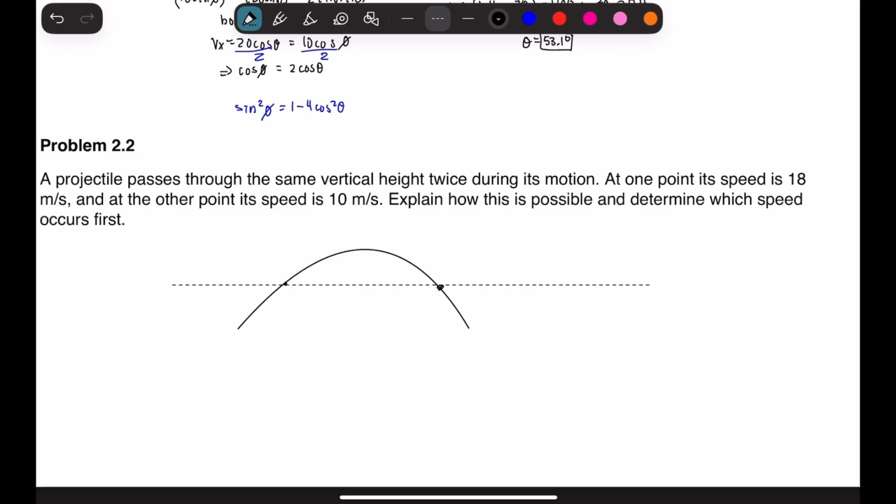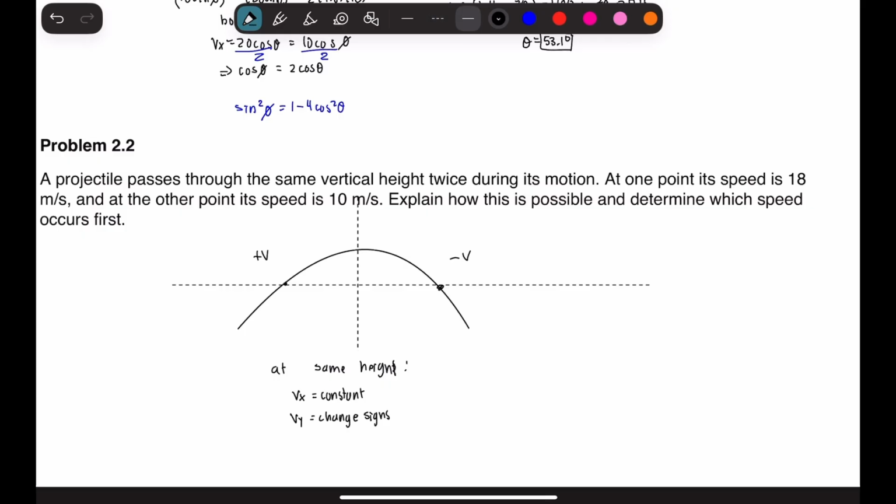So we know that at the same height, vx is going to be constant. This is constant for the whole entire projectile. And we know that vy will change signs because one has to be positive velocity, one has to be negative velocity.